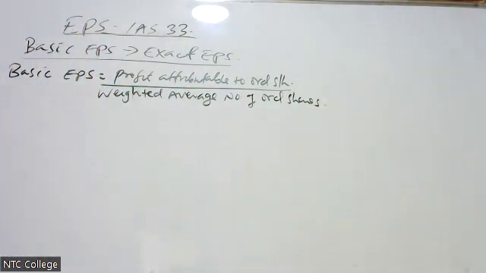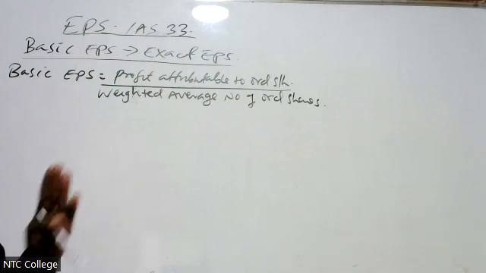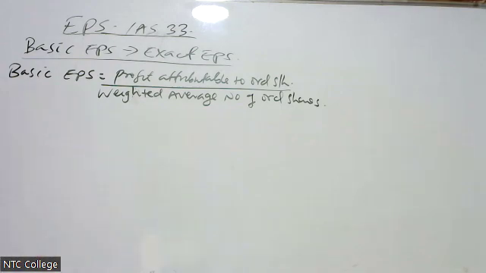My basic EPS equals profit attributable to ordinary shareholders divided by weighted average number of ordinary shares.